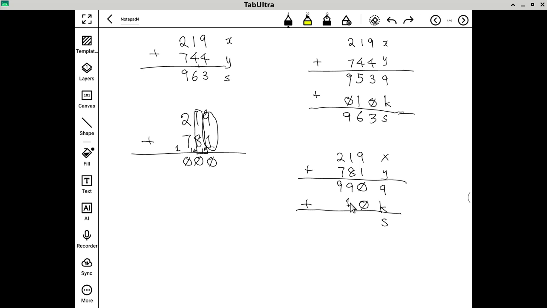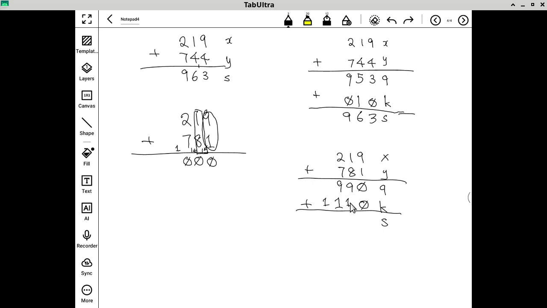And then when we try to figure out this position, it also has two chances to get a carry of 1. 1 plus 8 can contribute a carry here, which is not happening, but 9 plus 1 does. So we still put a 1 over here. And then when we look at this position, 2 plus 7 can contribute a 1 here. No, it doesn't have a carry of 1, but 9 plus 1 does. So we put a carry over here as well.